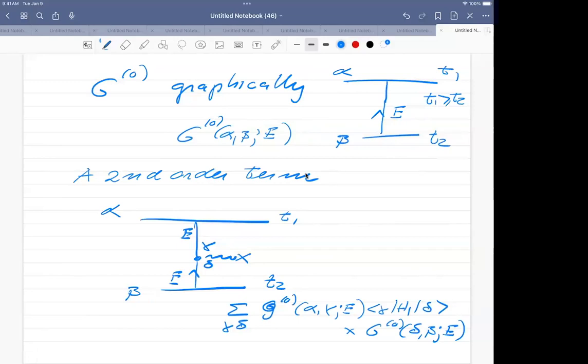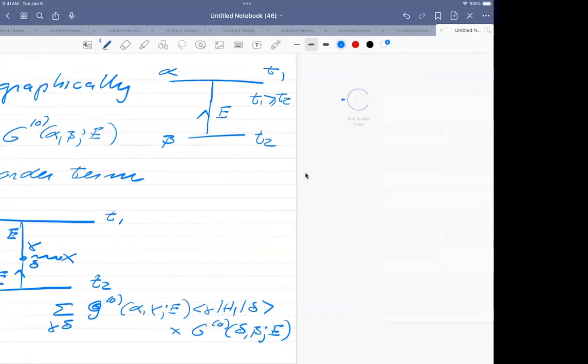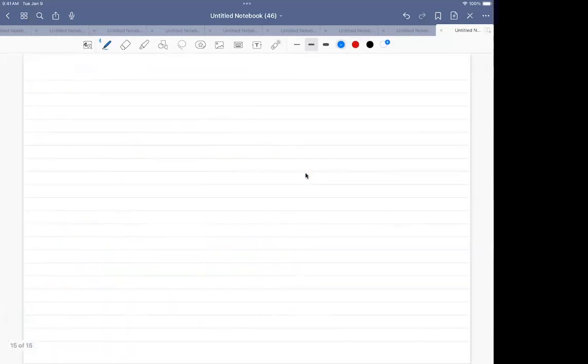So what we are going to do now is just some manipulations of this series expansion. And then we are going to define something which is called the T matrix or the scattering matrix. And some of you may have encountered that in quantum field theory. So what we do now is a simple reordering of the expressions.